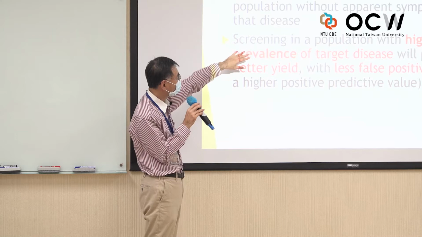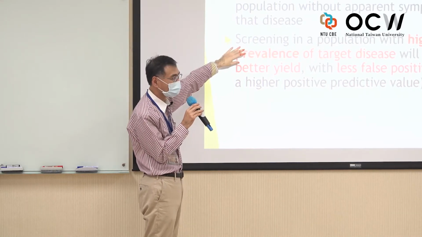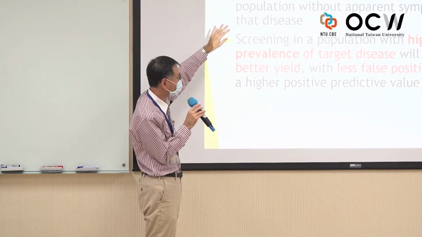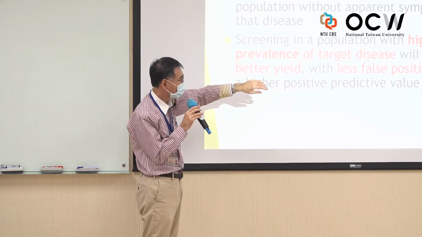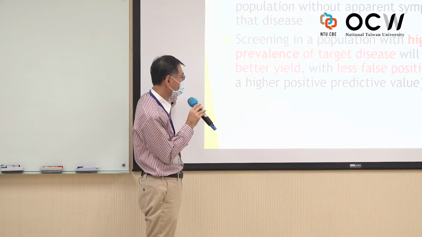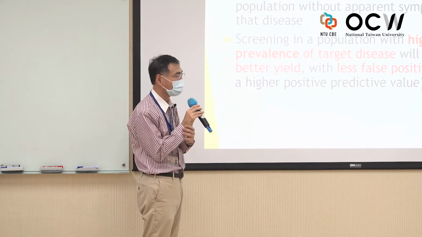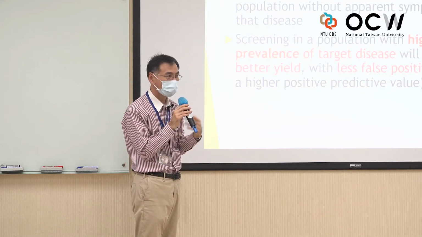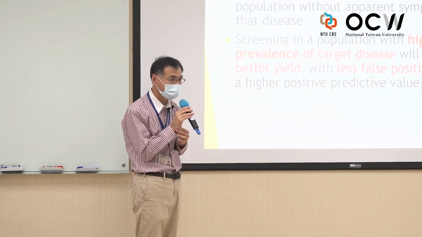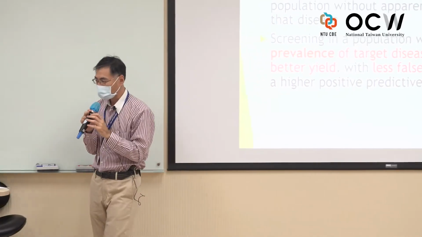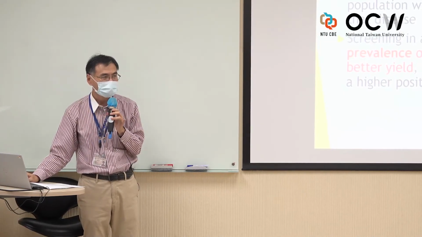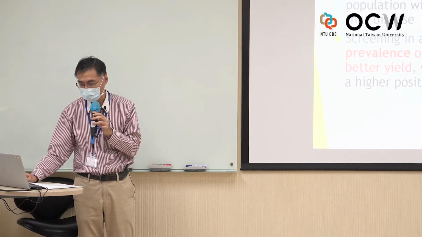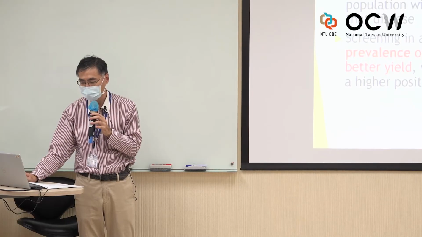If the prevalence in the screened population is higher, we expect a better yield, fewer false positives, and a higher positive predictive value. That's pretty straightforward and intuitive. But is that always true, or does it change with different levels of prevalence?